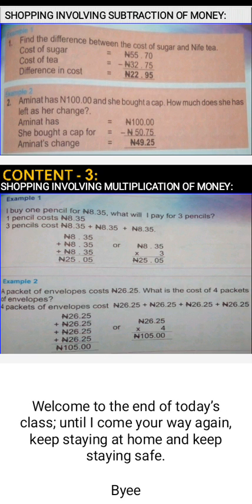Okay, so now 3 times 5 will give us 15, so we write 5 down, we carry 1. 3 times 3 will give us 9, plus the 1 we carry, that's 10, so we write 0 and still carry 1. 3 times 8 is 24, with the 1 we have carried, that becomes 25. Okay, so remember our dot, count 2 numbers for the kobo side, then other numbers will remain on the naira side.